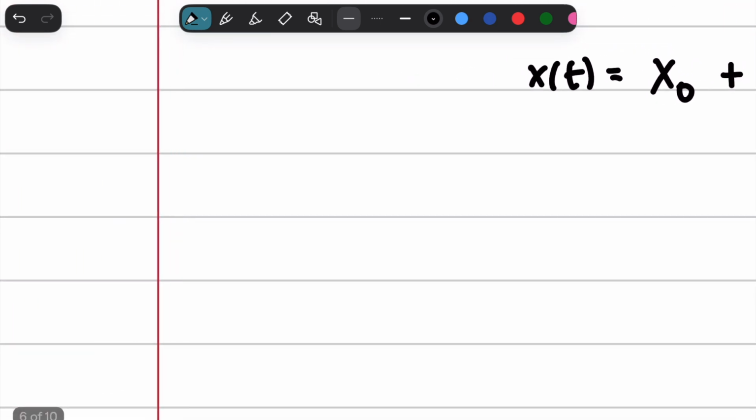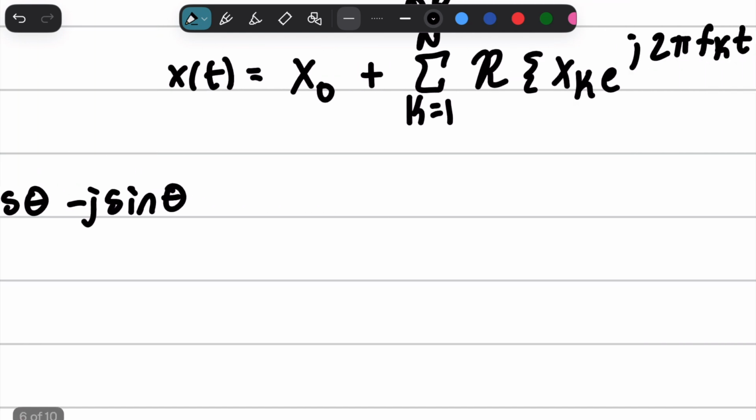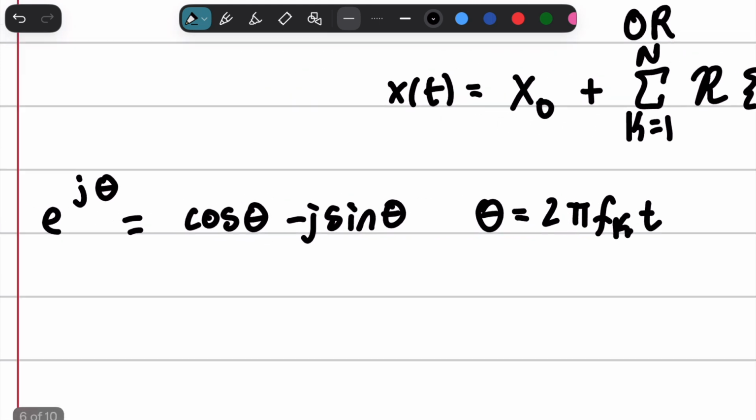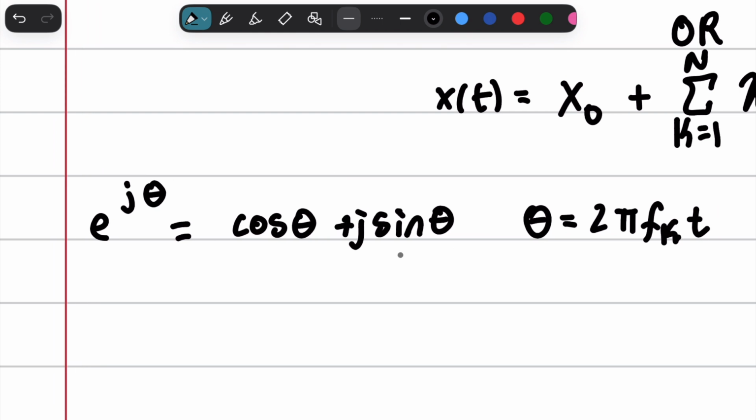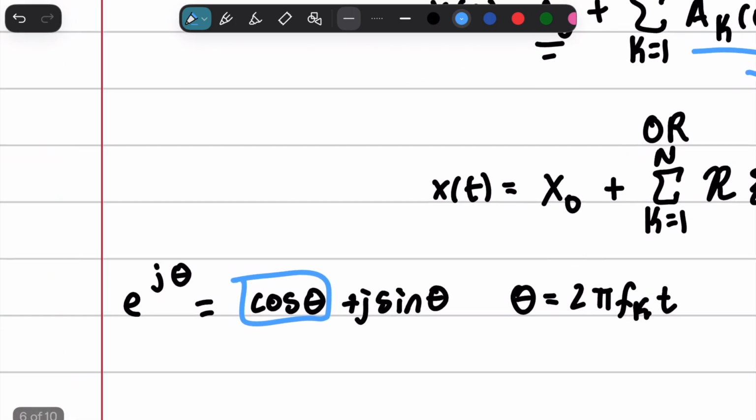And if you can recall, the Euler identity is e to the j theta is equal to cosine theta plus j sine theta. And in this case, we can define our theta to equal 2 pi f sub k t plus phi sub k. And so we are looking specifically at cosine theta, right? And A sub k is just some arbitrary constant multiplied from the front. And there are parentheses, but I'm going to leave those off for now because it's kind of ugly.